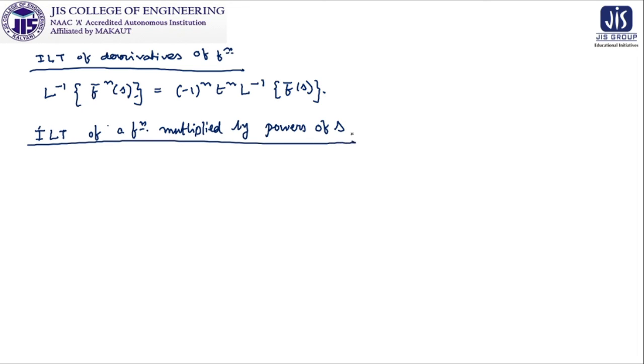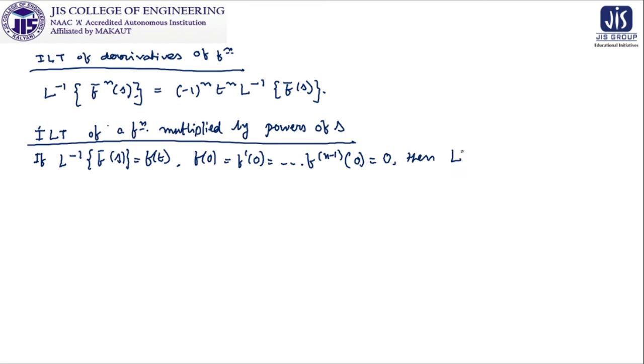In this case, if the Laplace inverse of f bar(s) is denoted by f(t), and also f(0) equals f dash(0) equals dot dot dot equals f to the n minus 1 (0) equals 0, then the Laplace inverse of s to the power n f bar(s) will be equal to the nth derivative of f(t).